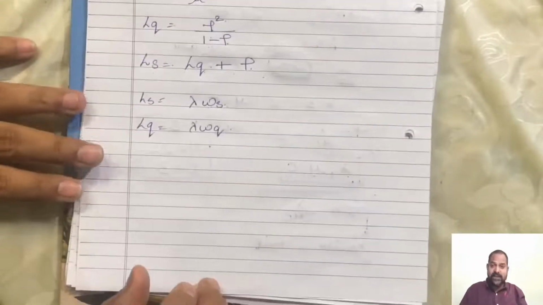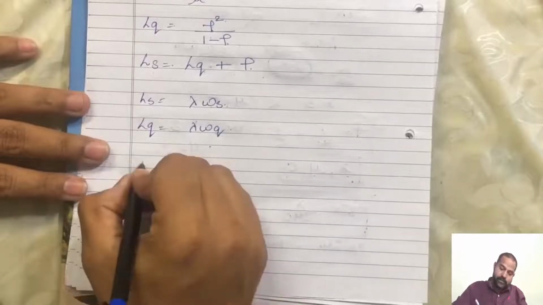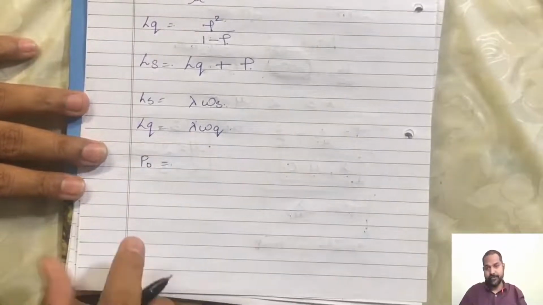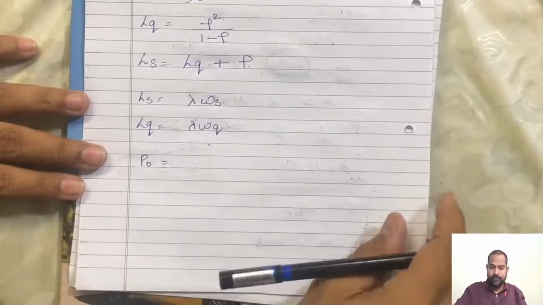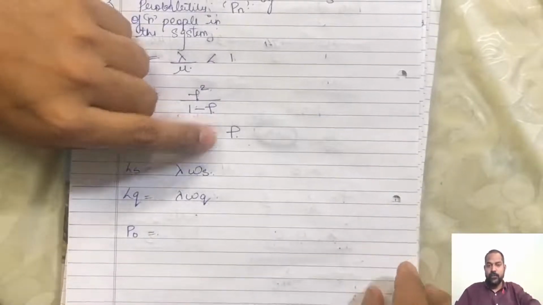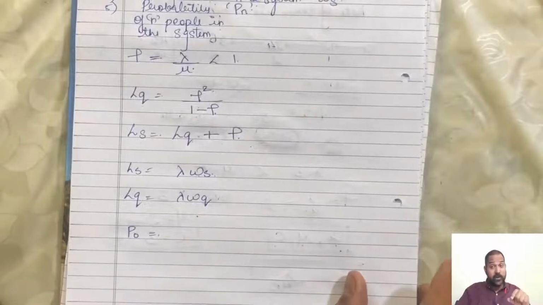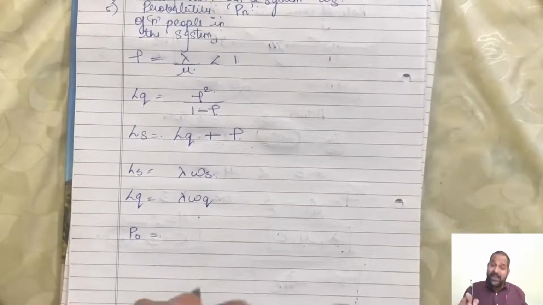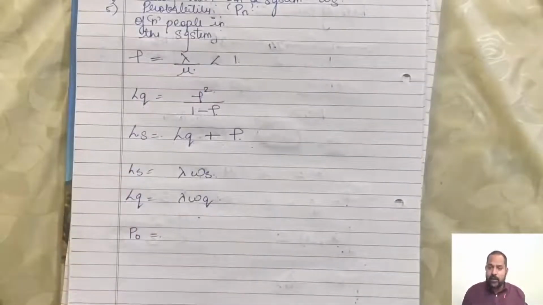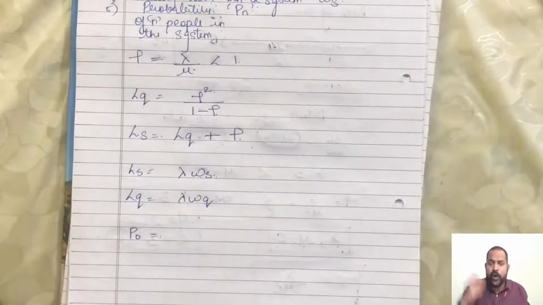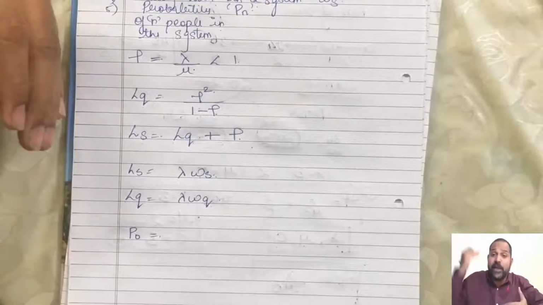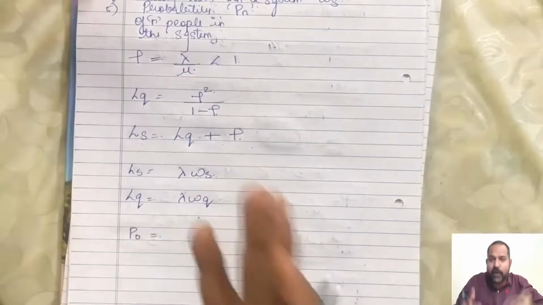And a few other things that I said they might ask you: what is the probability of nobody in the system? Well, simple. What does rho tell you? How well I am utilized. So in the previous question, remember, you are 75% utilized, which means 25% you are idle. You tell me, when is somebody idle? Simple. Somebody is idle when there is nobody there to take service.